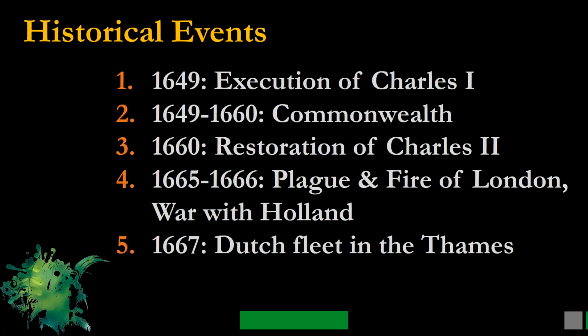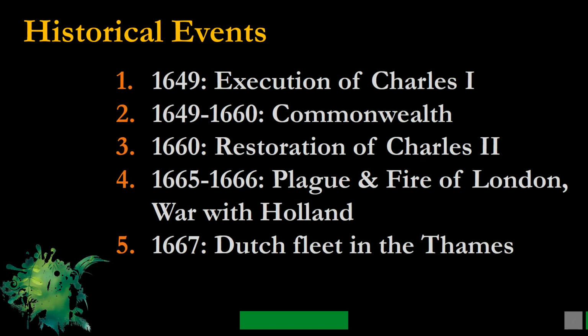Many political experiments were held in this period, 1649 to 1660. Next, we have 1660, restoration of Charles II, and again we find that Charles II came on the throne in 1660. Next event is 1665 to 1666.